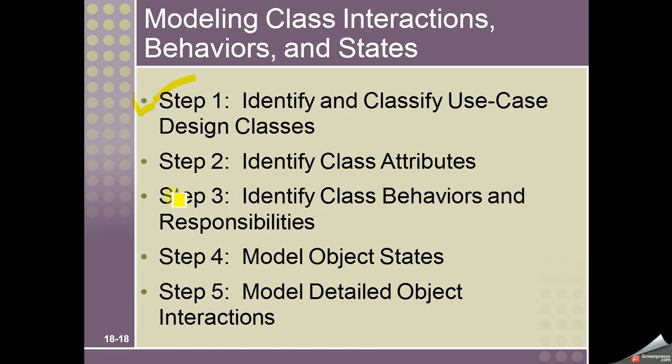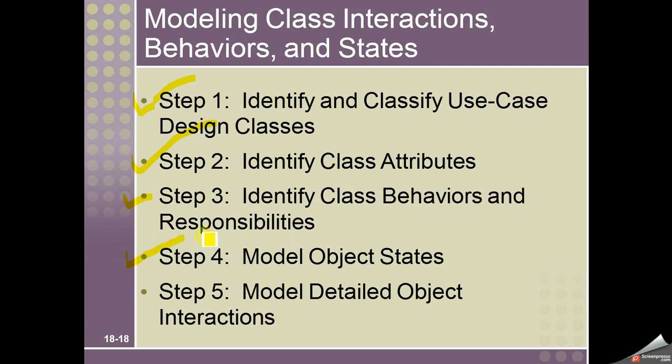We'll see shortly. Identify class attributes. We also have class attributes. We have identified them in the analysis phase, but we'll see if something is missing, we'll put them over here. Identify class behavior and responsibility. We'll also see what is the responsibility of every class in the use case.